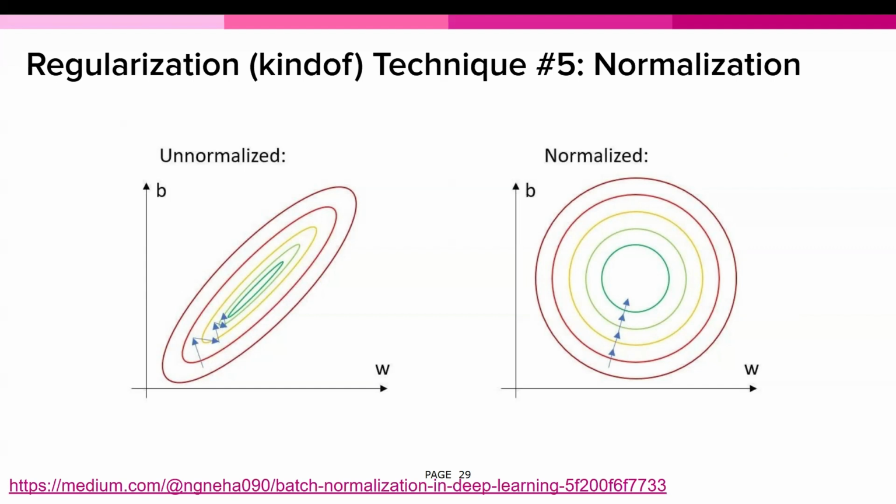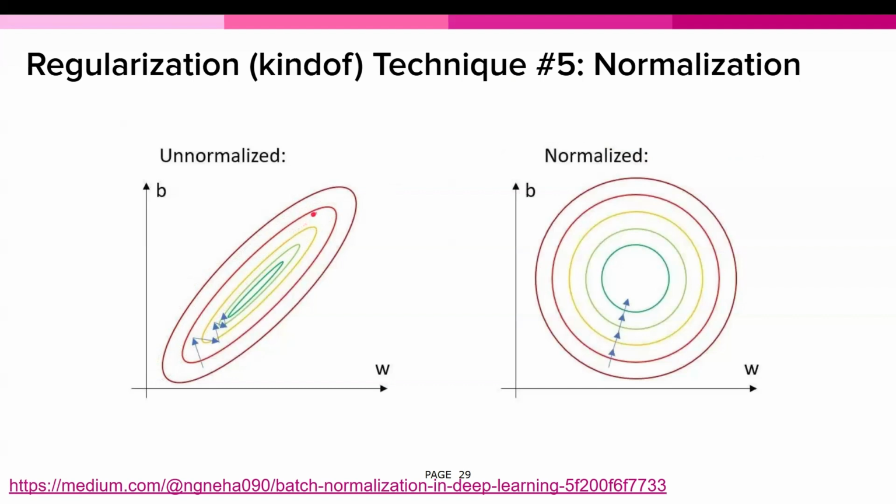So to understand why normalization speeds up the learning process, we can think about how gradient descent works. And so the job of gradient descent is to find the minimum of the loss function by taking steps in the direction of steepest descent. But if each feature in our model has a different scale, the shape of the loss landscape can become skewed.